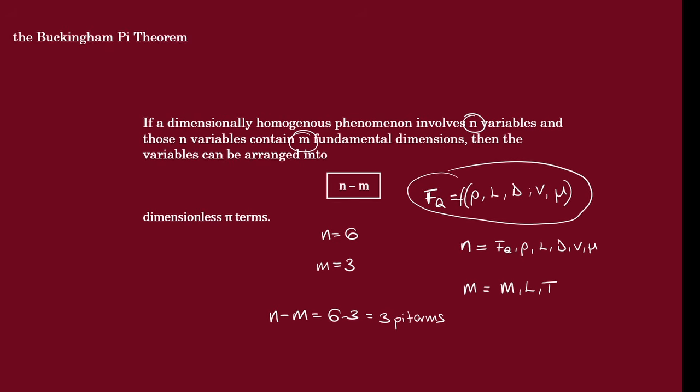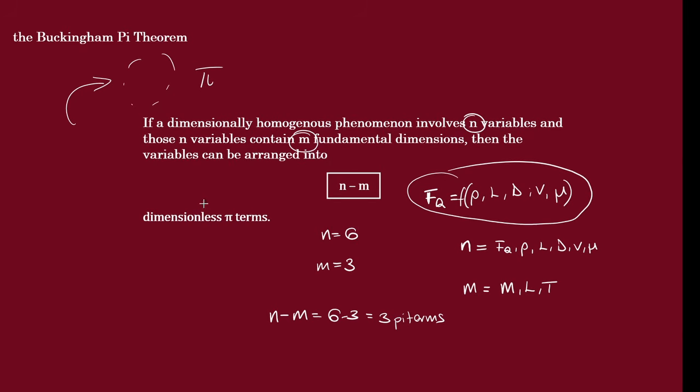You just make your equation, raise your exponents, and solve them simultaneously. But with Buckingham Pi, before you even solve anything, you have an idea of how big the solution is going to be beforehand, since you know the number of pi terms you're going to create. So that's one major advantage of Buckingham Pi. You know in advance the number of pi terms it is going to create.